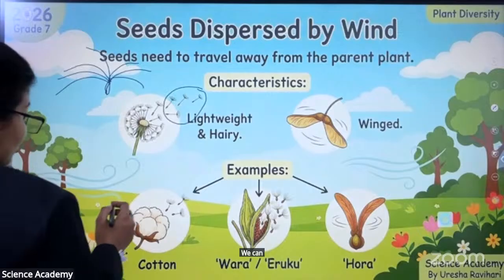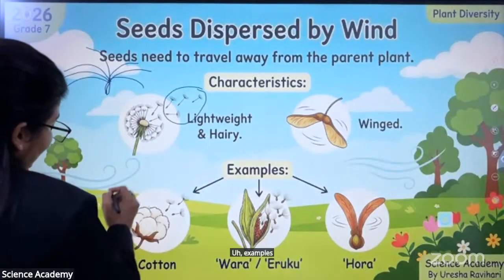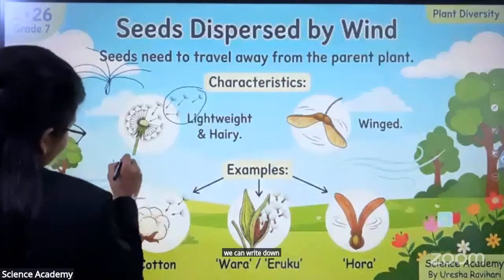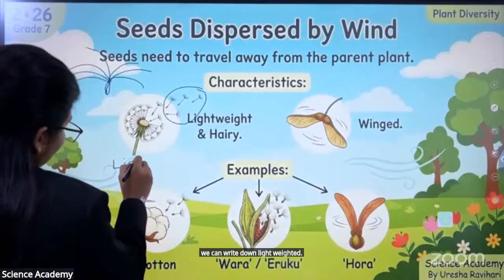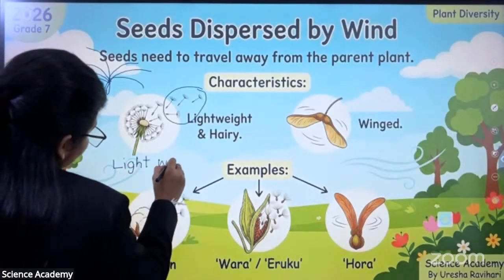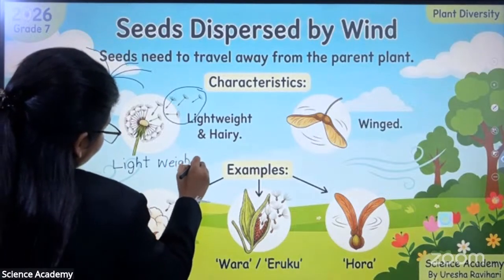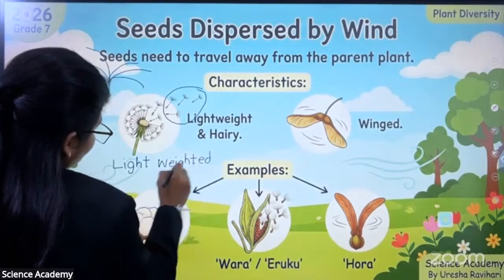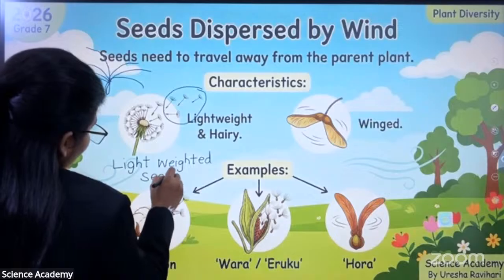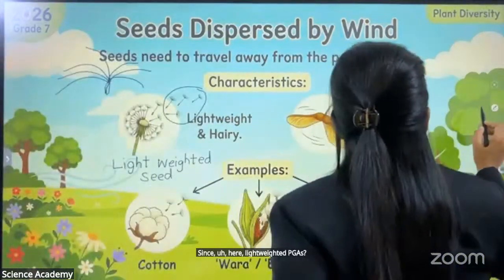We can write down the example cotton, and write down light weighted seeds. Here, light weighted seed is enough, right?